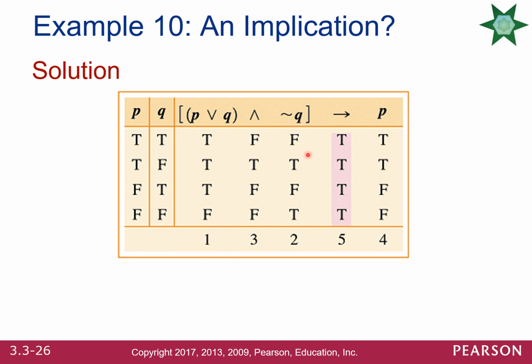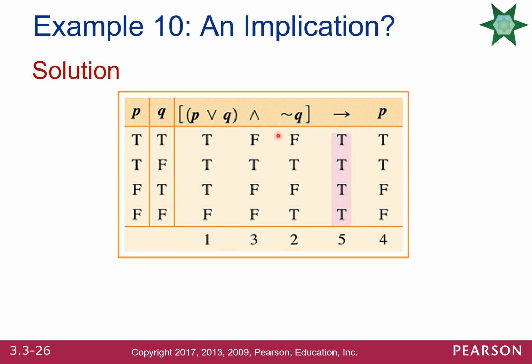We start with P and Q in the first two columns and set it up with all possible combinations of true and false. And on the other side, for the other columns, we set up the statement given to us in columns. Remember there were nested parentheses involved.